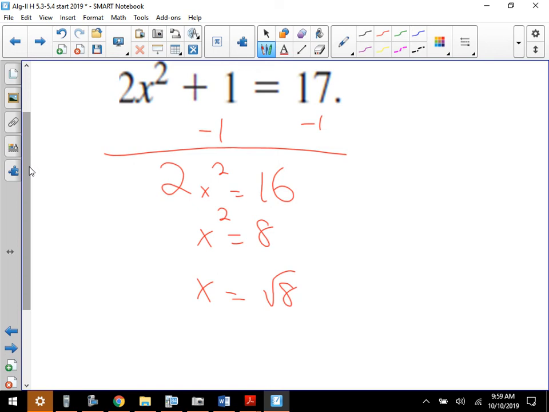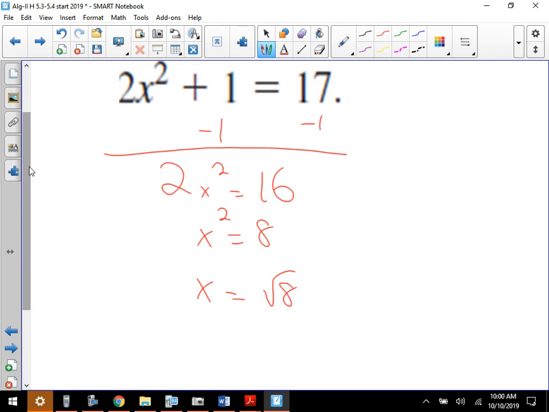What's 5 times 5? 25. Those numbers were the same, right? Therefore, the square root of 25 is 5. What's negative 5 times negative 5? Correct.